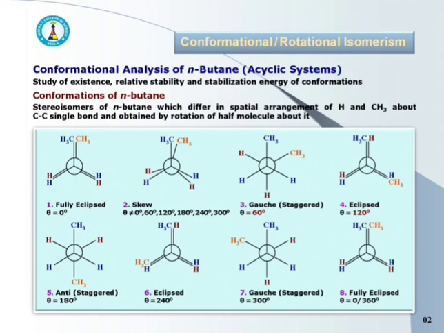Out of conformations number 3, 5 and 7, conformations 3 and 7 are Gauche conformations with dihedral angle 60 and 300 degree.